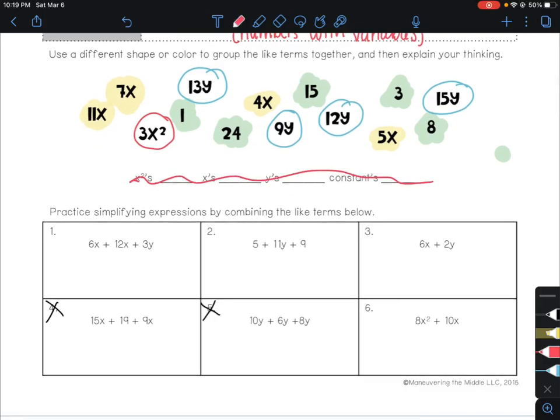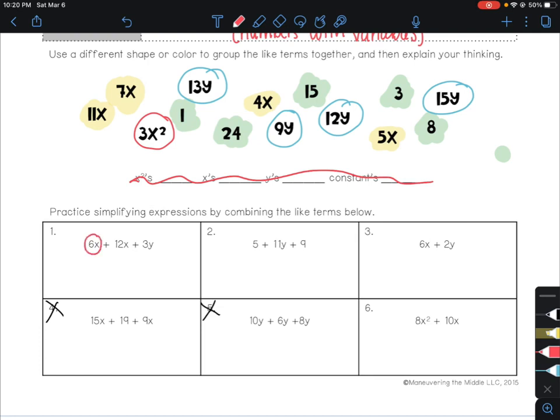So in number 1, what we're going to do is use this idea of combining like terms to simplify our expression, meaning make it the fewest number of terms possible, the shortest we can possibly make it. It might not become one single number, but we can try to get as close as we can. So 6 times x plus 12 times x plus 3 times y.